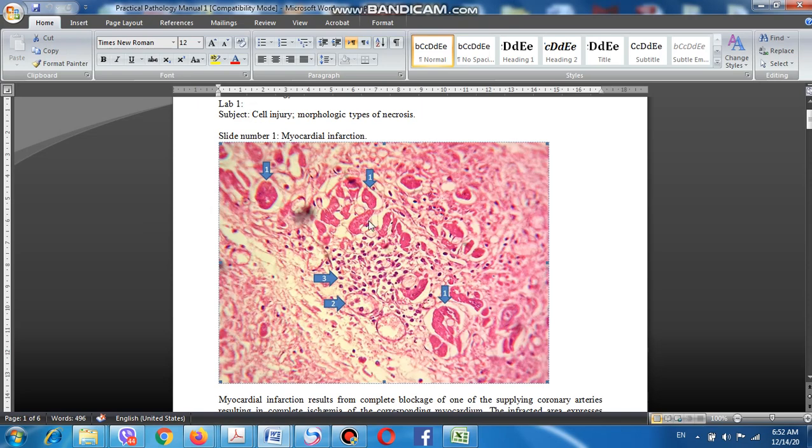We have other features that refer that the cell is dead, even if they are not shown in this section. But we have other features including loss of cytoarchitectural features.